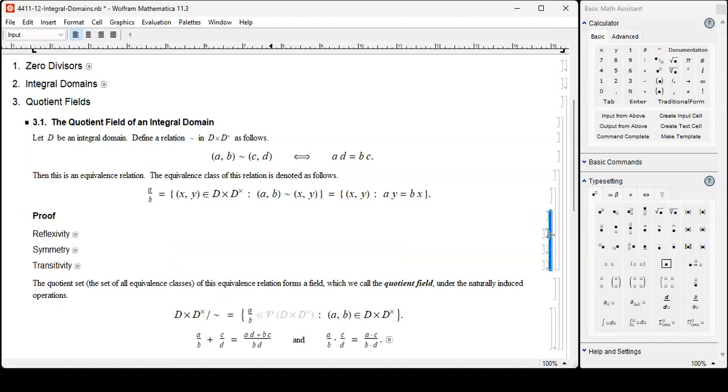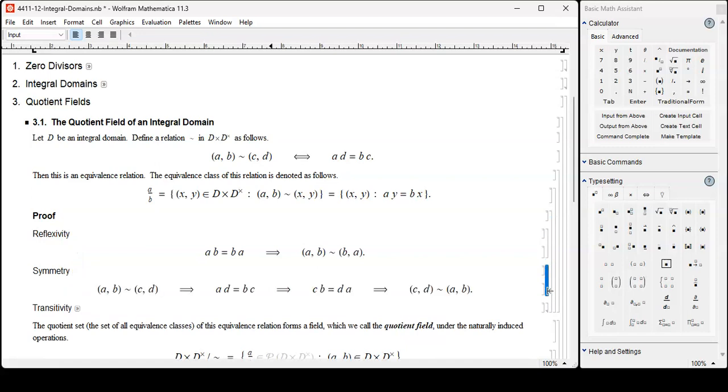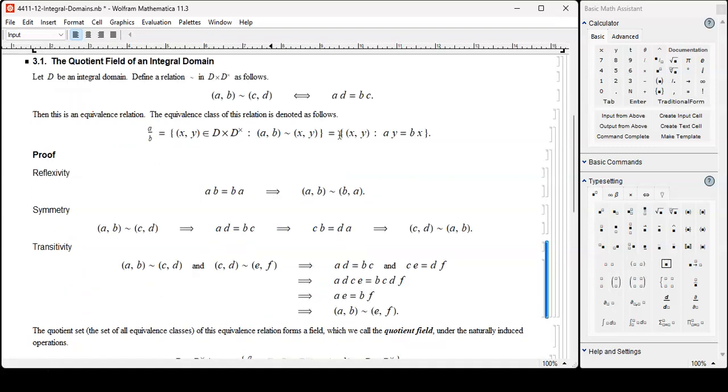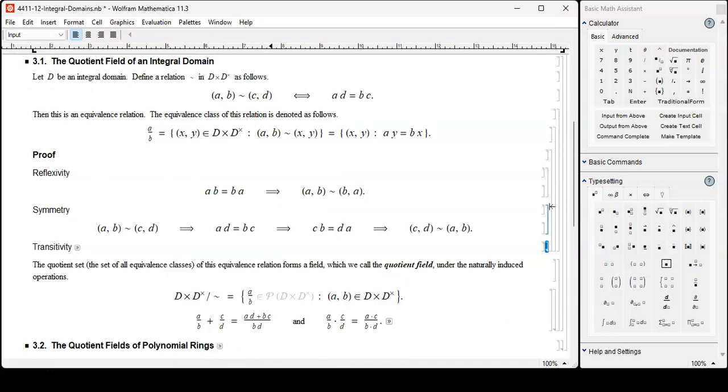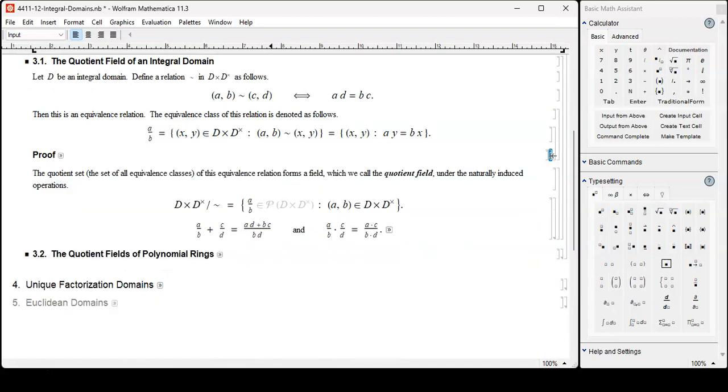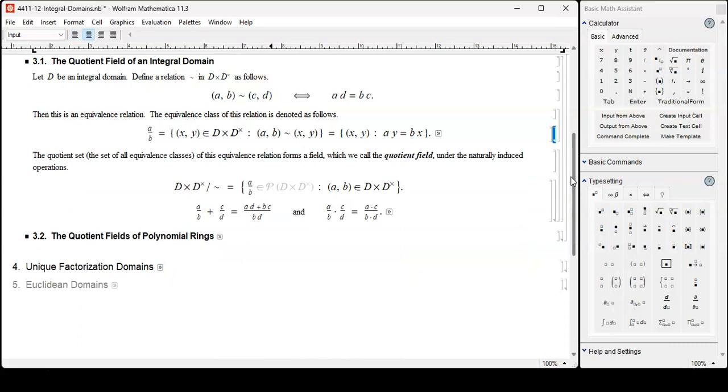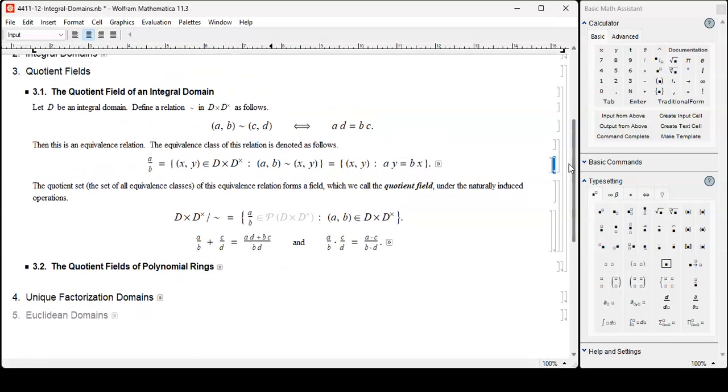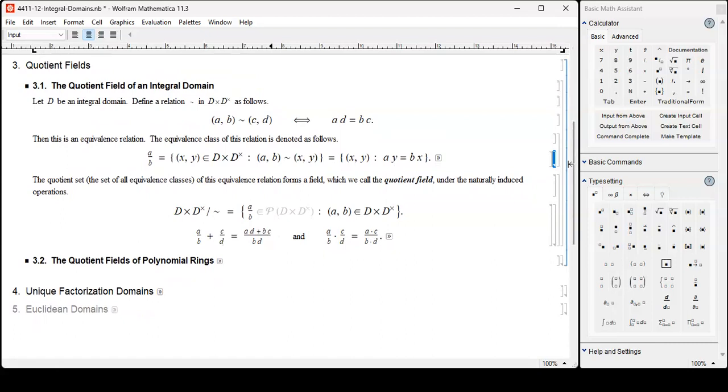Reflexivity, symmetry, transitivity, and the detail is left to the students. They are all simple proofs, maybe tedious, but simple proofs that this is an equivalence relation. Now, once you have an equivalence relation, we have the set of all equivalence classes, which we call the quotient set. And then the quotient set can be represented through an appropriate representative.